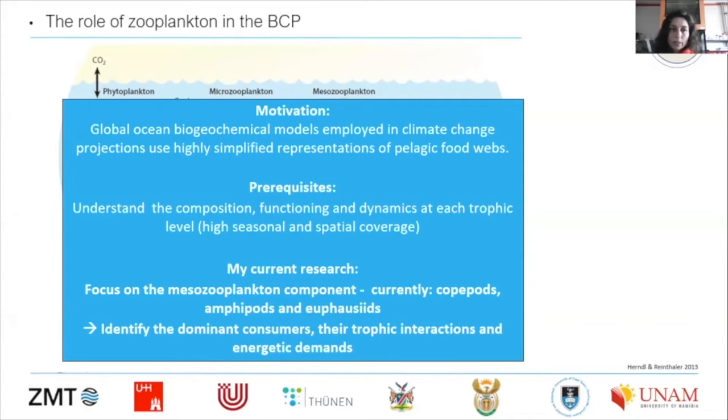We need to understand the composition, the functioning, and the dynamics at each trophic level with this high seasonal and spatial coverage. So my current research focuses on this mesozooplankton component, currently specifically the copepods, the amphipods, and the euphausiids, where we identify the dominant consumers, the trophic interactions, and energetic demands.